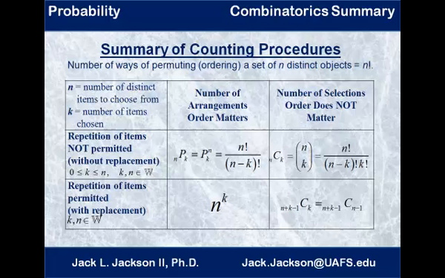And then we went to the upper right next. Again, this time the order does not matter, and repetition was not allowed. That's n choose k. And then finally we have one more, and that's the lower right, where the order does not matter and repetition is allowed. That is the one in the lower right there.